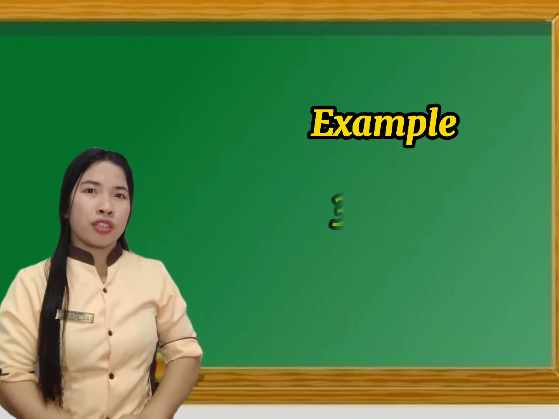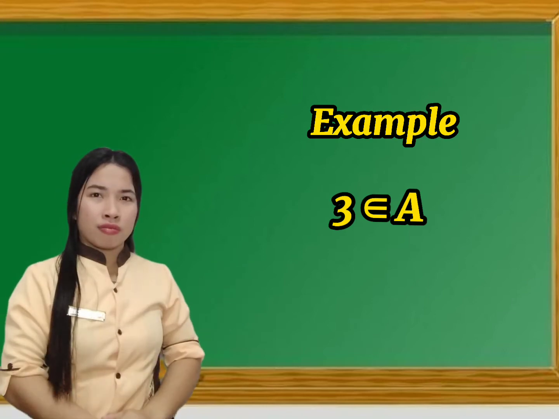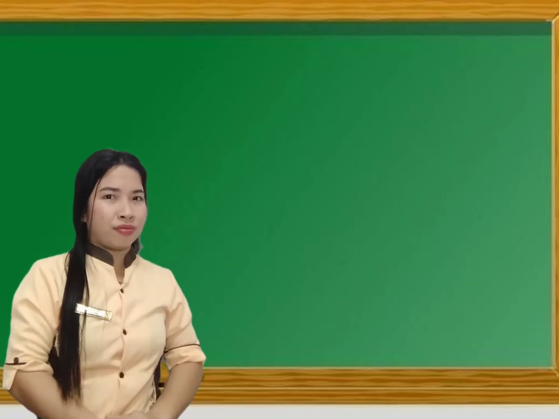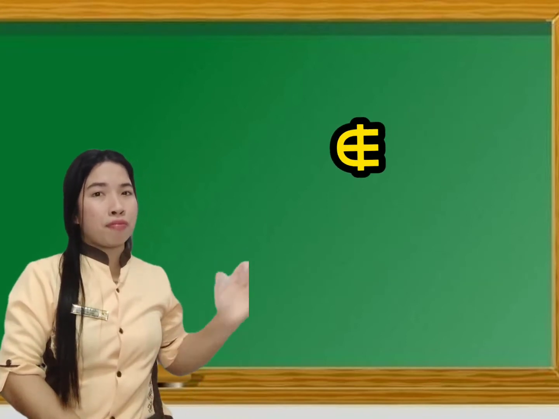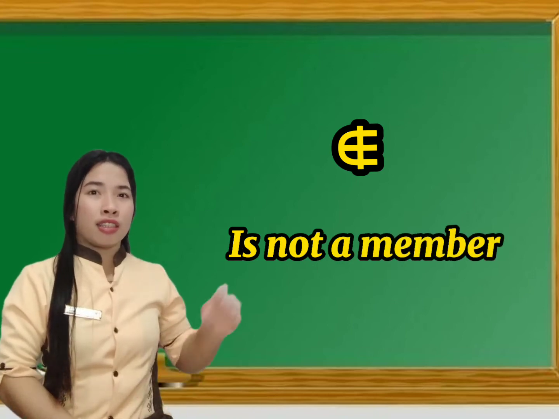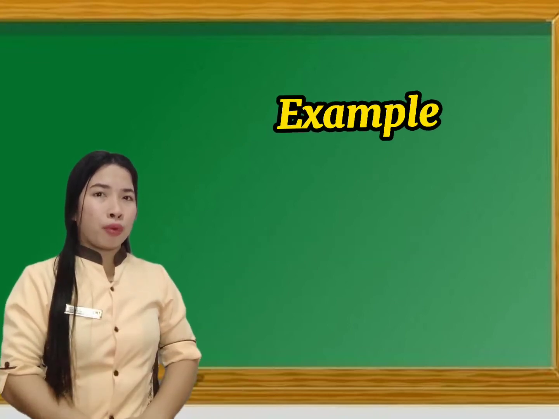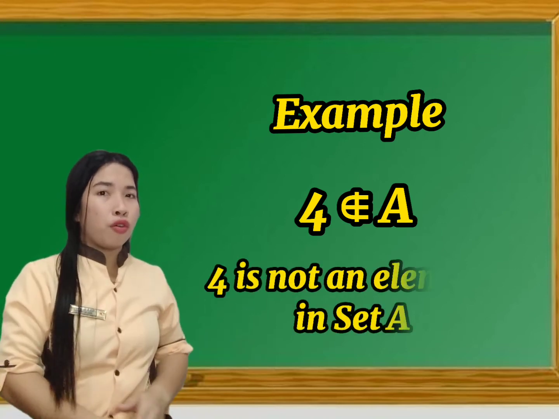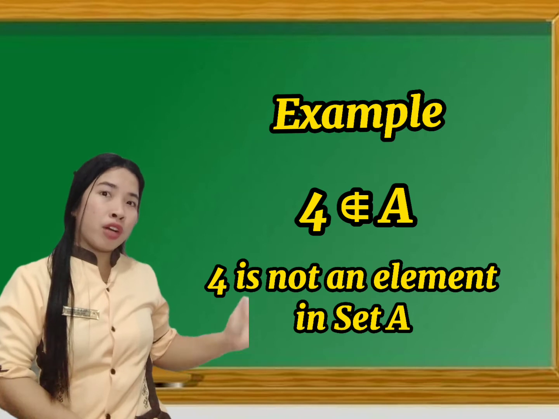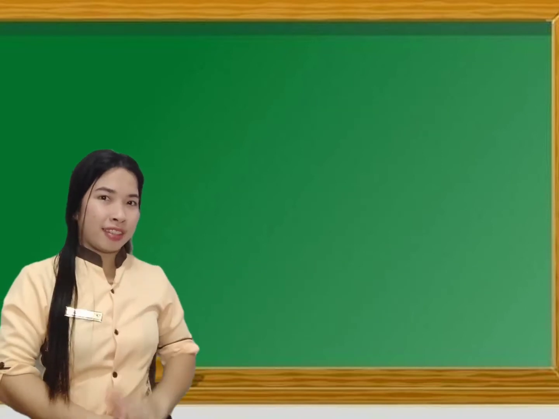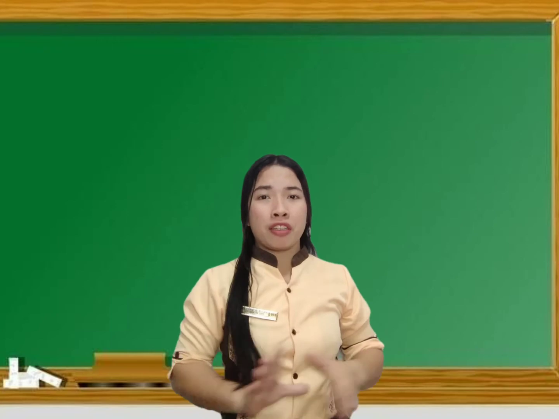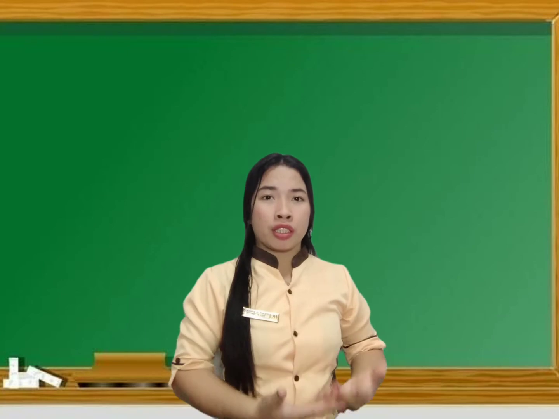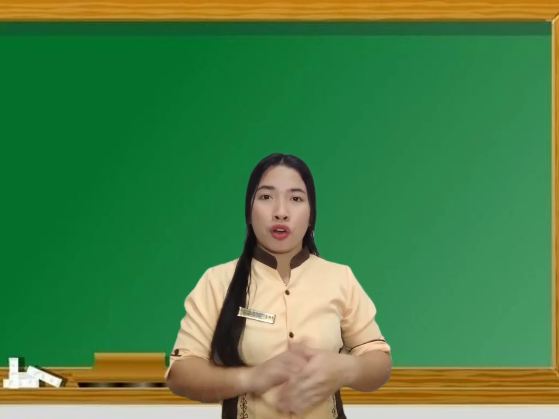For example, 3 is a member of A. 3 is an element in set A. Next symbol, we call that is not a member. For example, 4 is not a member of A. So, 4 is not an element of set A. A set must be properly defined so that we can find out whether an object is a member of the set.